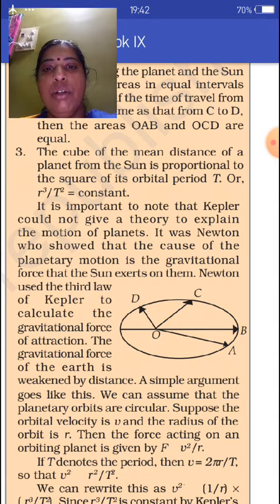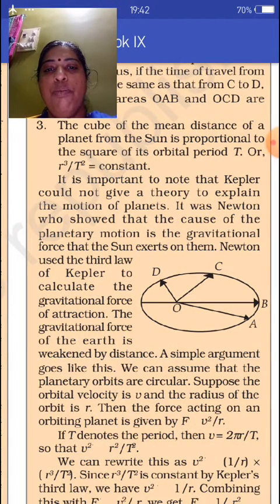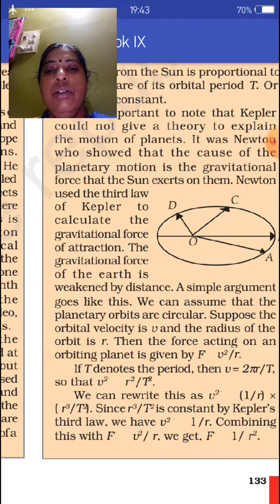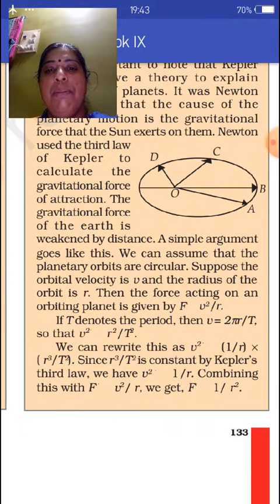It is important to note that Kepler could not give a theory to explain the motion of planets. It was Newton who showed that the cause of the planetary motions is the gravitational force that the sun exerts on them. Newton used the third law of Kepler to calculate the gravitational force of attraction.